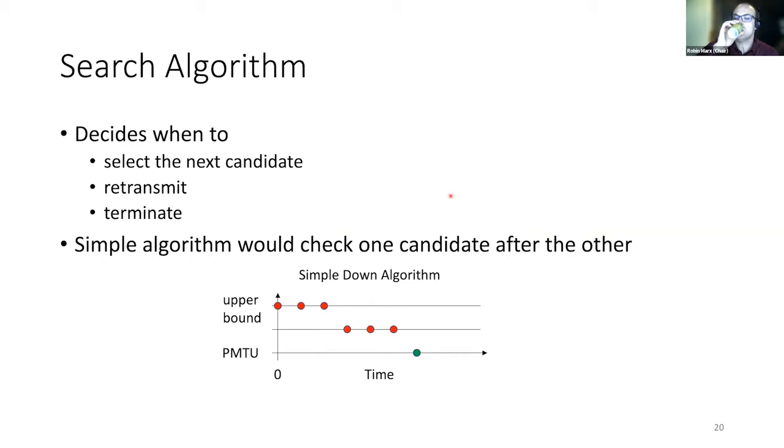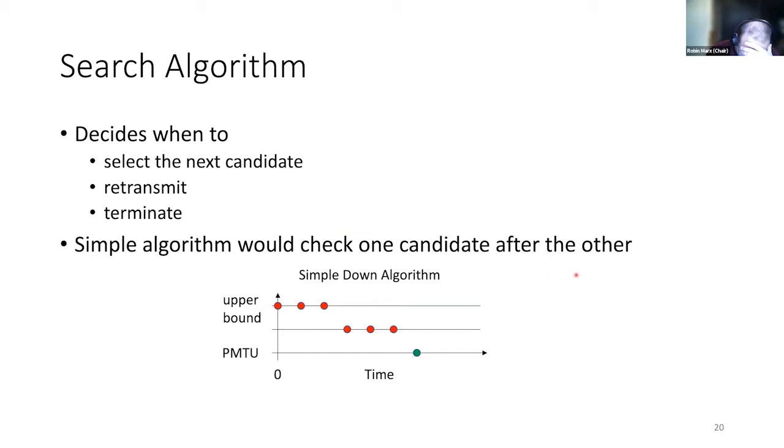Now we need a search algorithm that decides when to select the next candidate, when to retransmit a probe packet, and when to terminate the search. A simple algorithm would check one candidate after the other.